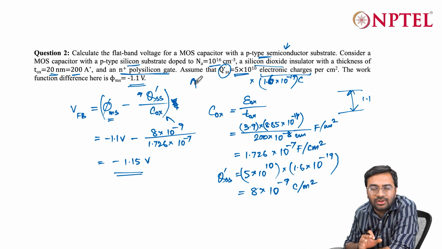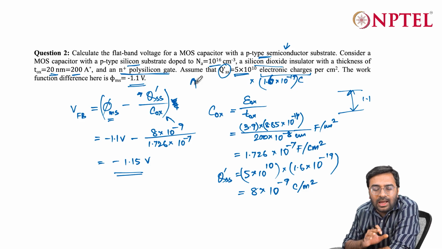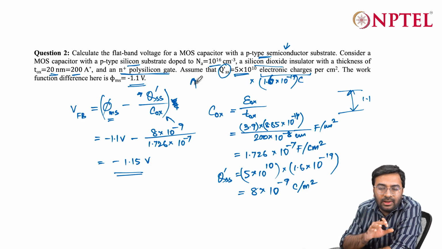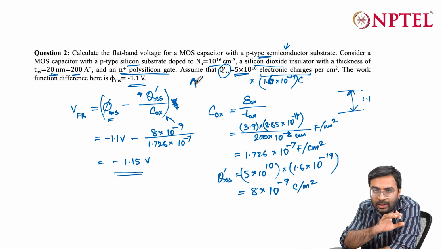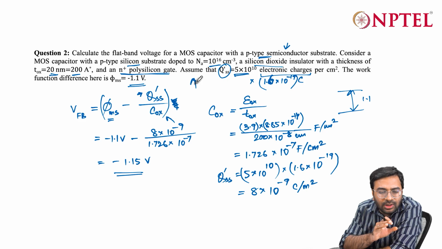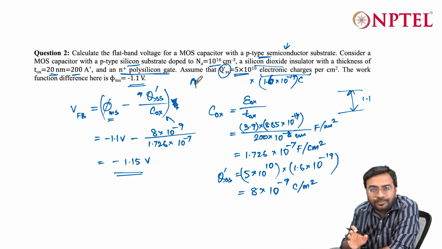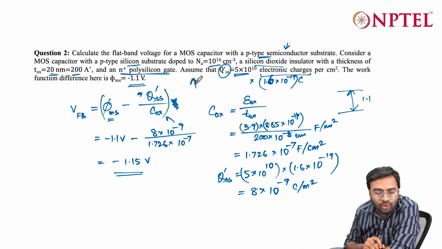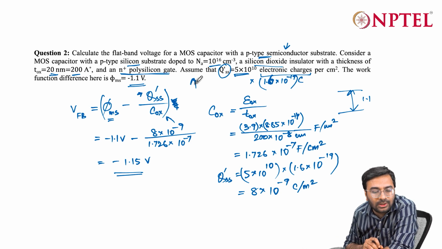So, one has to be very careful and mindful when they read the questions, and always note down the parameters that are given, because that will help you to simplify the entire situation given in the question. So, this is how one can approach different problems related to MOS capacitor.